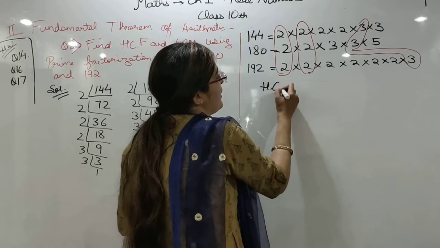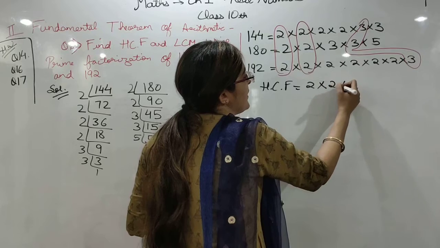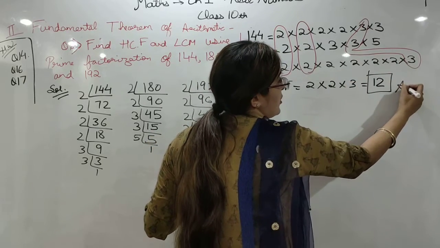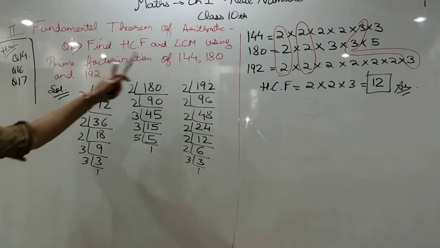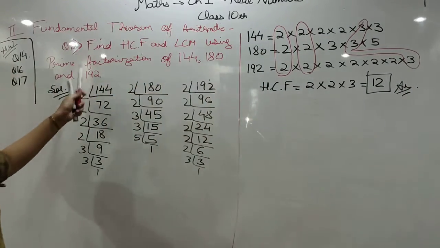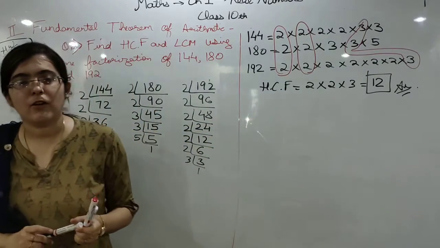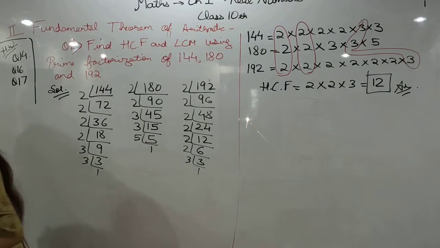Your HCF will be 2 into 2 into 3, that means 12. The HCF of 144, 180 and 192 is 12. Correct? Now pause the video and note it down in your copy.